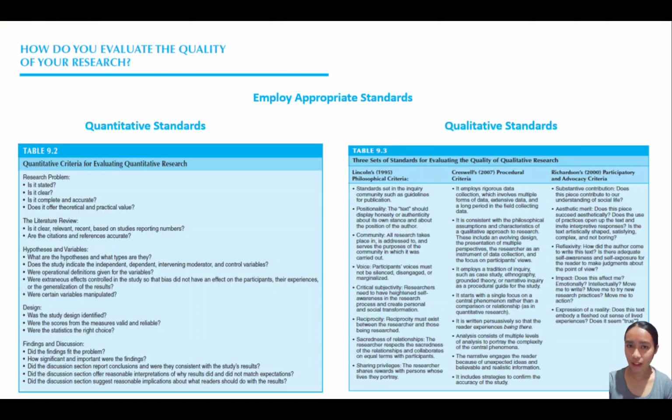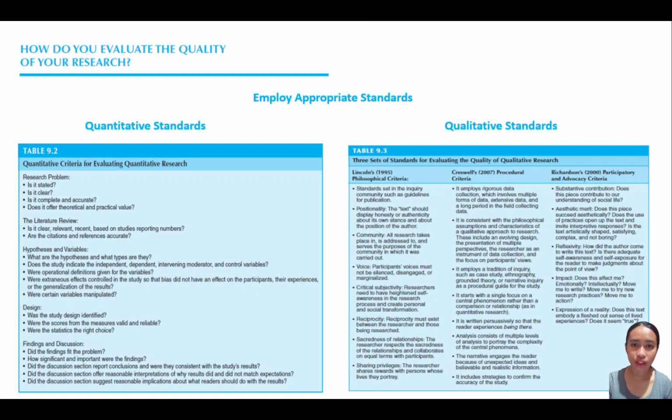The criteria also ask if the research has an impact on readers. Does it make them feel something, think differently, or even take action? And lastly, they assess if the research effectively portrays real life experiences and feels authentic to readers.